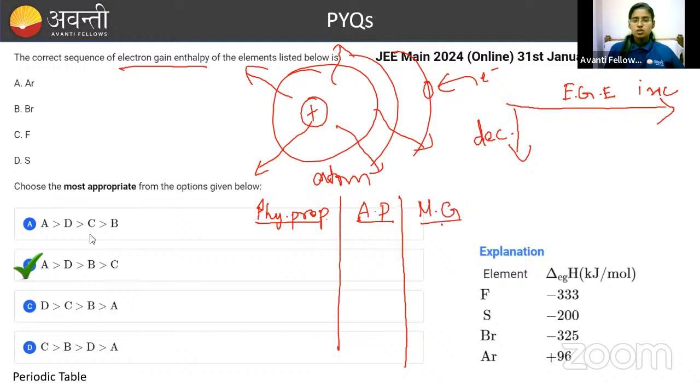Okay, so the first physical property is atomic size or atomic radius. Across the period, it decreases and on moving down the group, it increases.